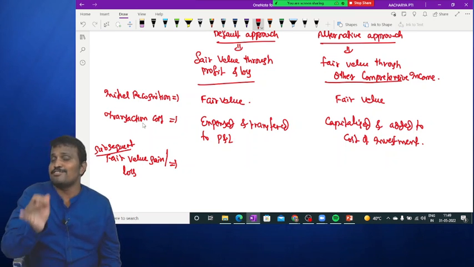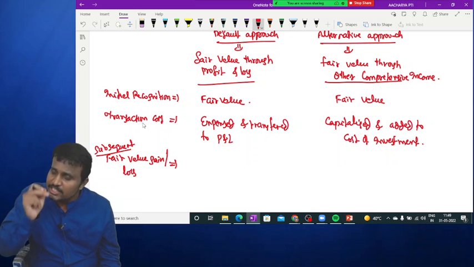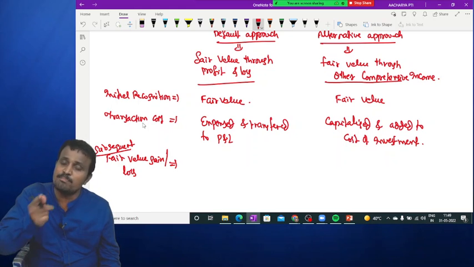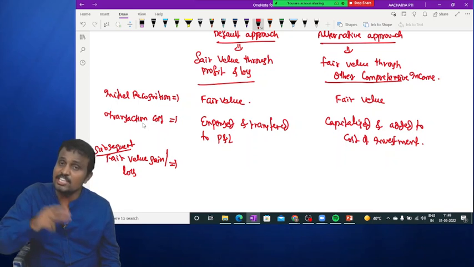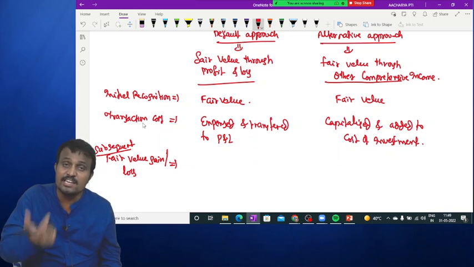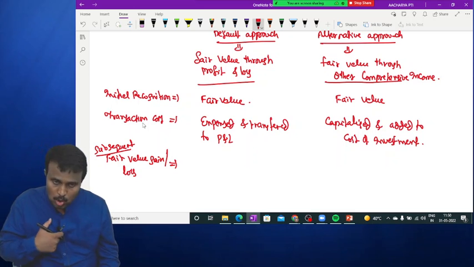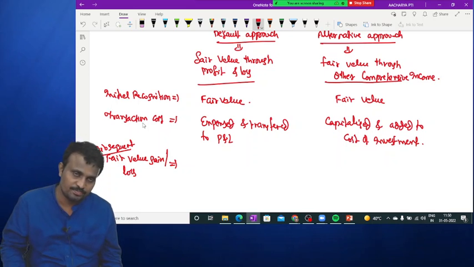Remember, in case of a financial asset, at the end of every year we need to calculate the fair value of the asset, and compare the carrying amount of the asset with the fair value. Any change is treated as either gain or loss. That is called fair value gain or loss, and simply called unrealized gain or loss.